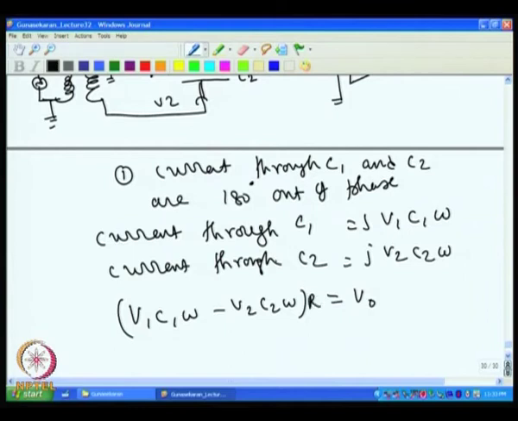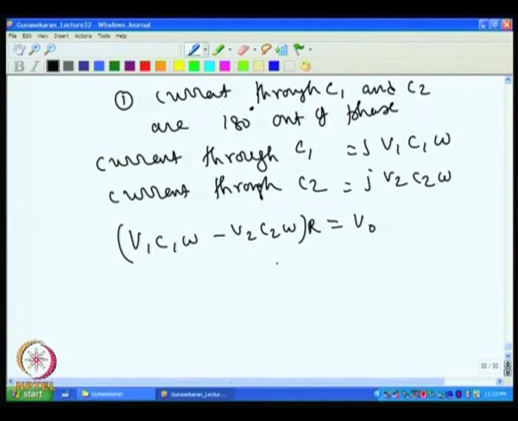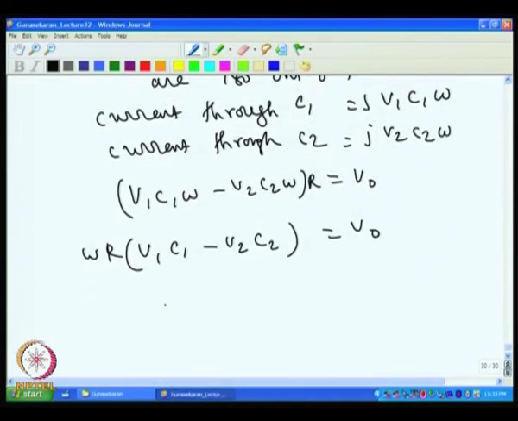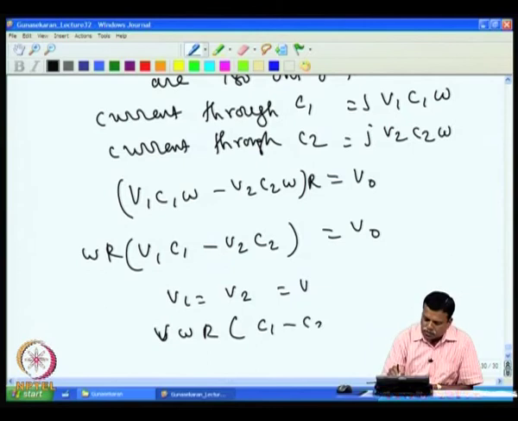If you simplify this, it comes as V1 C1 minus V2 C2 into omega R. If V1 is equal to V2, since the minus sign is already considered, that makes it V into omega R times C1 minus C2, which becomes V naught.